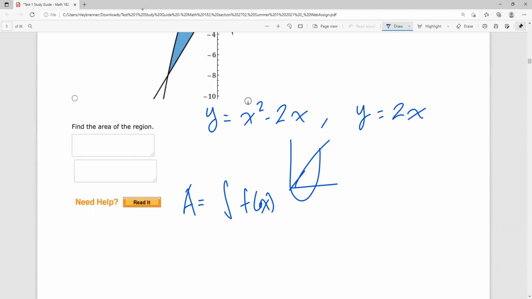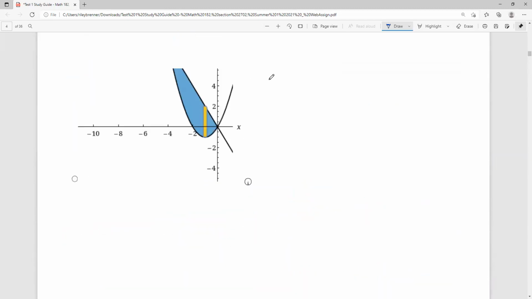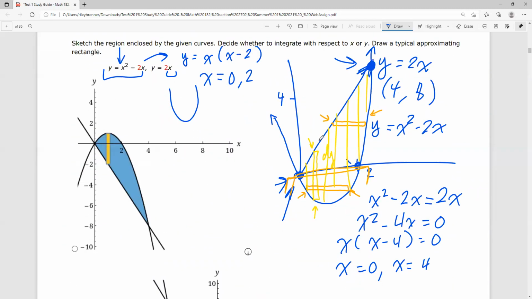Oh, wait a minute. With respect to x, with respect to y. I think I mixed up my respects incorrectly. Yeah, we want it with respect to x. Sorry, vertically is with respect to x, horizontally is with respect to y. So I messed this up. This is supposed to be dx.